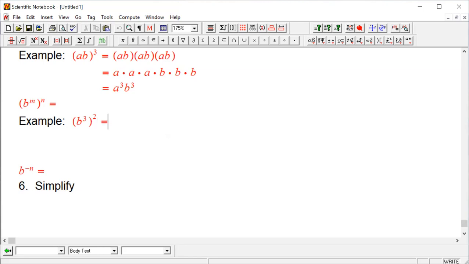What does that mean? First, you look at the square. The parentheses is being squared, so the parentheses times itself. And then what do we get? b to the power 3 times b to the power 3. We know that's b raised to the power of what?